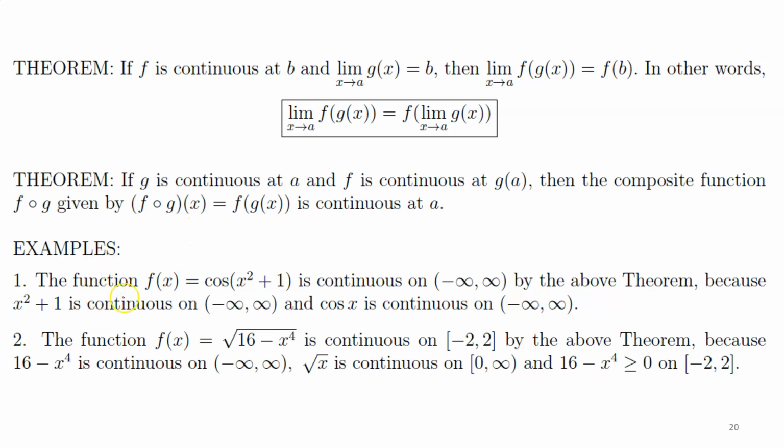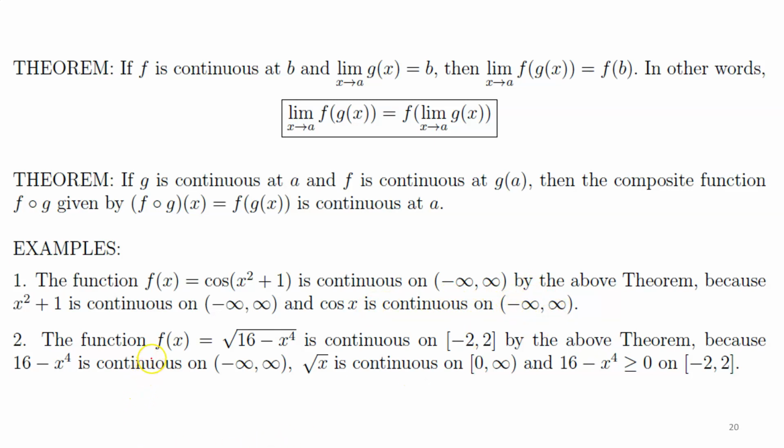Okay, for example, the function f(x), you have this trigonometric function continuous at this interval by the above theorem, because x squared plus 1 is continuous on this interval. You see this one? Ni adalah kuadratik. Yang dalam ni ada kuadratik. So, kalau kuadratik, dia akan continuous everywhere. Starting from negative infinity until infinity. And cos x is continuous also on this interval.